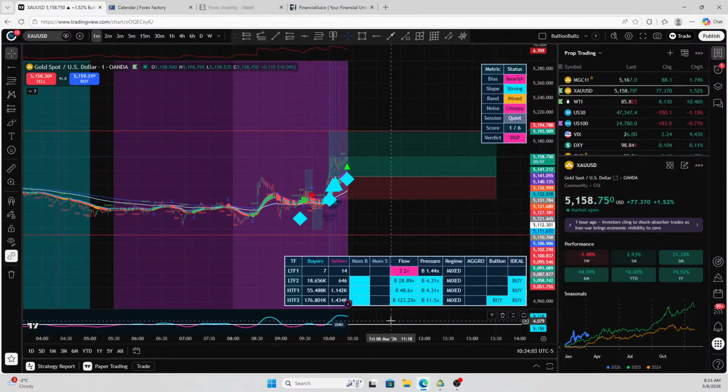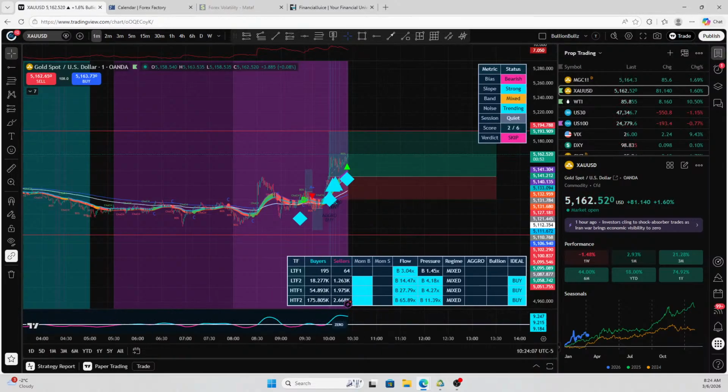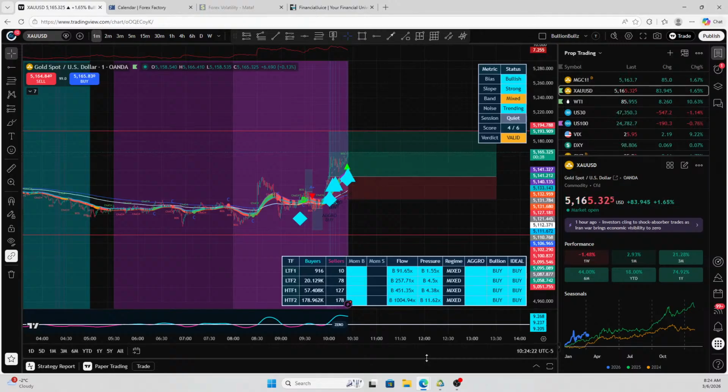Ideally we would want to see a push. Price should make an aggressive move to the upside. And it's dominating. Pressure is building up. Trending. Buyers are coming in.